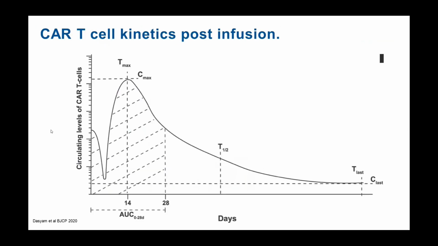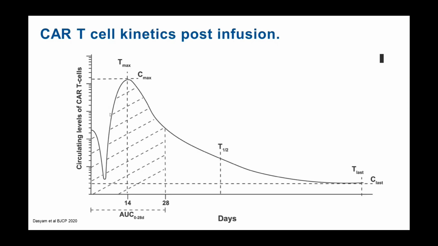And we think that these differences can result in different kinetic profiles after infusion of the CAR T products. This is just a mathematical model, so perhaps the pharmacists in the audience might be a bit happier with this sort of graph than many others, but it just proves the point that after infusion of CAR T, we expect to have a little decline in the CAR T numbers initially in the first day or two, and then there is a huge expansion as the CAR Ts come into contact with their tumor in vivo.